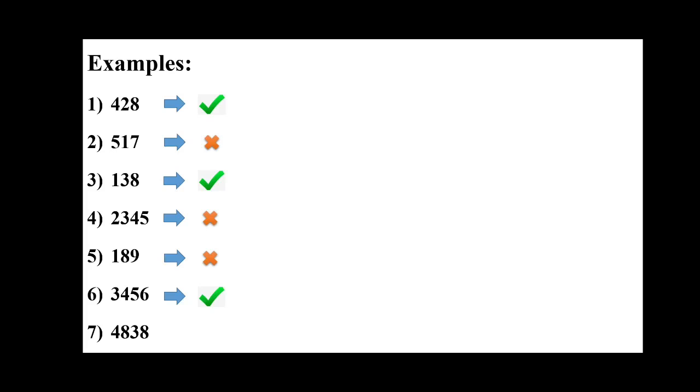The ones place digit of 4838 is 8. So 4838 is divisible by 2. Students, look at the ones place digit of the given number. If the ones place digit is 0, 2, 4, 6 and 8 comes, that number is divisible by 2.